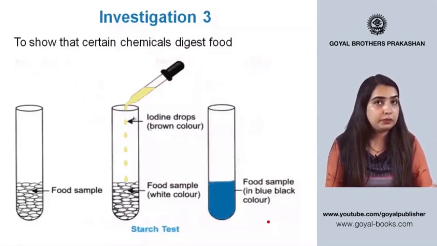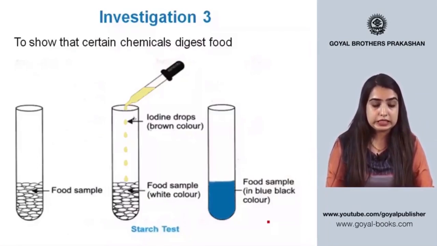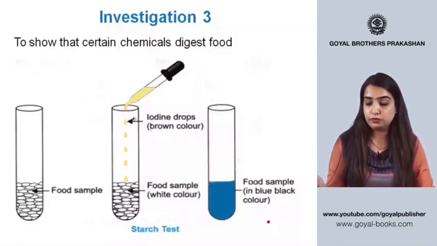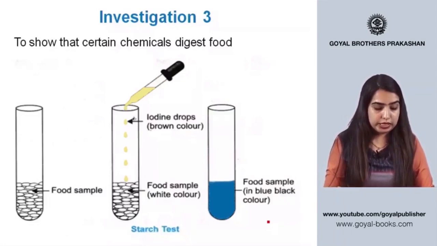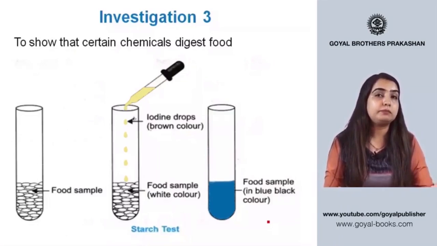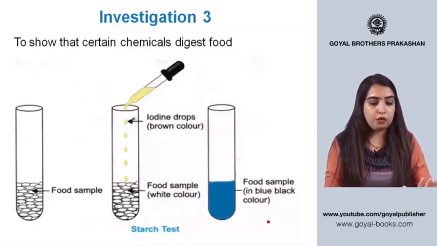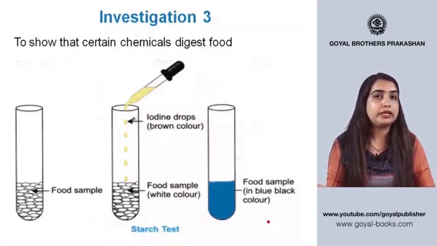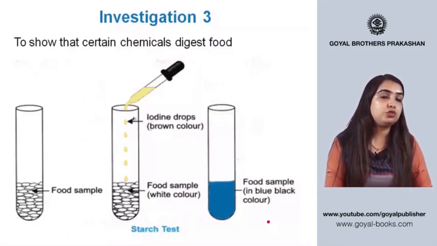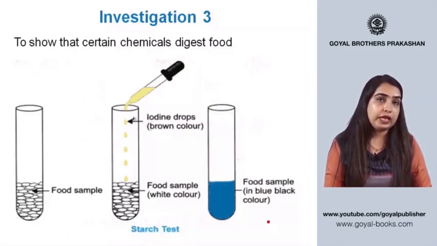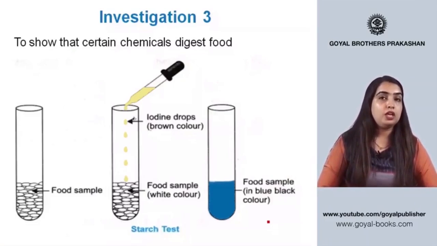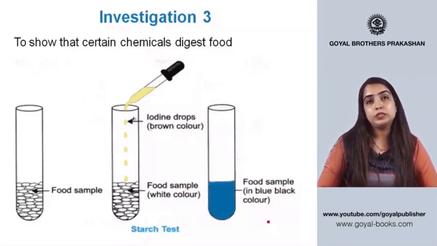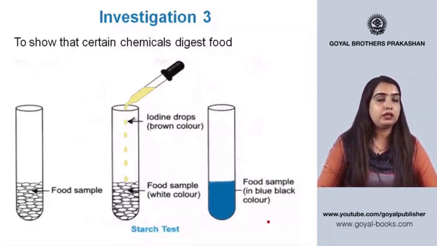Next, we have the third investigation, which is to show that certain chemicals digest food. Herein, you are required to take some food sample in a test tube. Now, because we are working on showing that chemicals digest food, first we do the starch test to show that starch is indeed present in the food. For that, you can take potato tuber pieces and put them in a test tube.